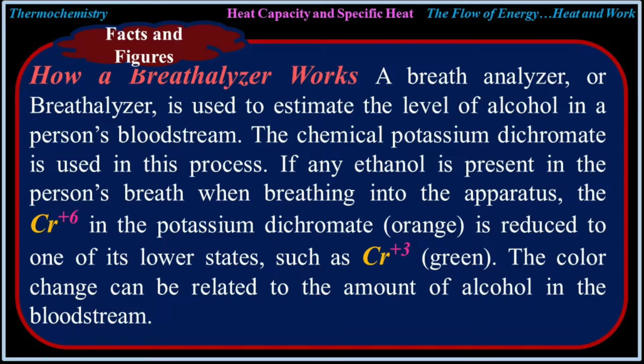The color change can be related to the amount of alcohol in the bloodstream. So that's how it's actually calculated. It's a redox reaction, where chromium +6 is reduced to chromium +3.